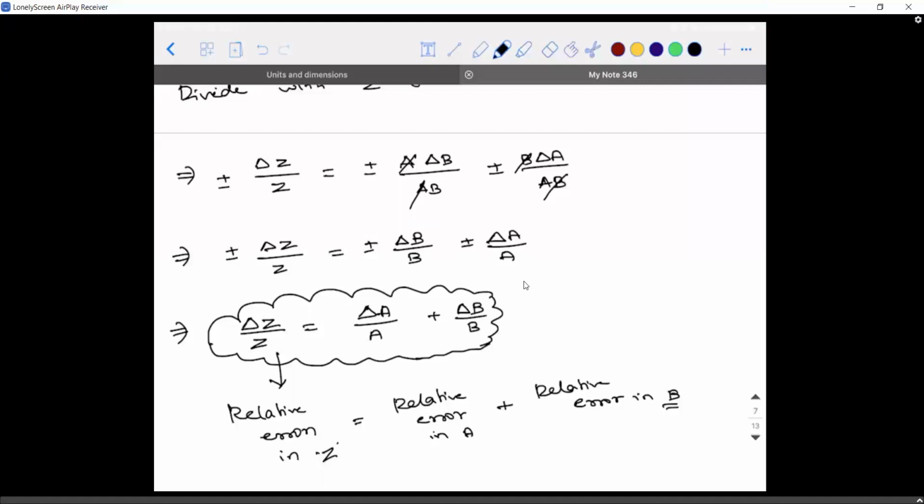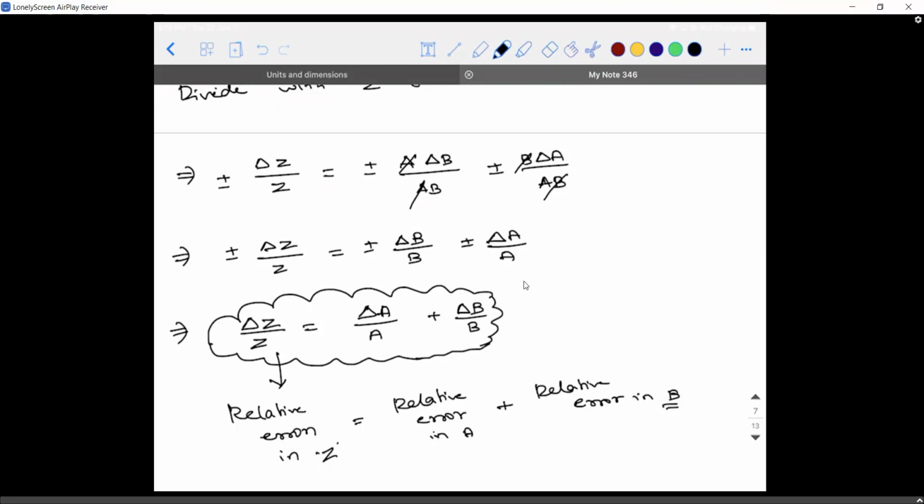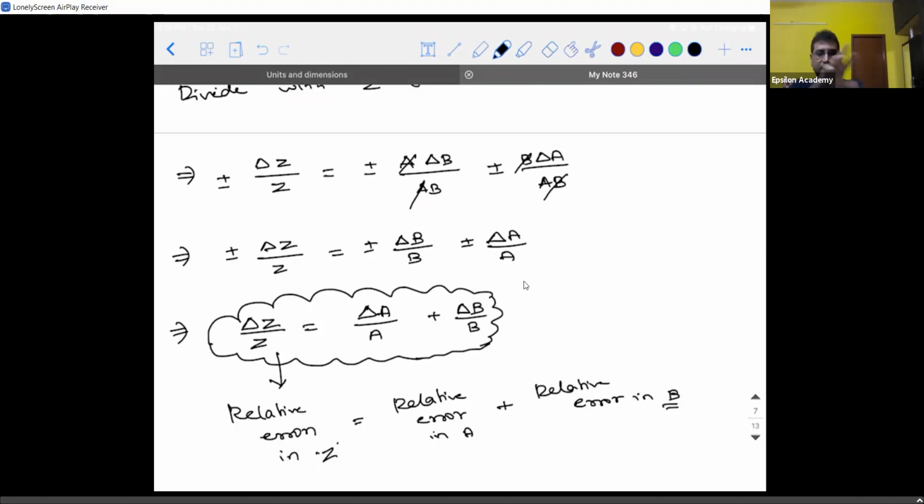Sir, why are we always taking the maximum value into consideration? Because that will only decide. If you take the maximum value, put a minus sign, that will give you the least value. All others are intermediate values. So what are those intermediate values? Delta A by A minus delta B by B is an intermediate value. See, for example, let's say this is 2 and this is 1.